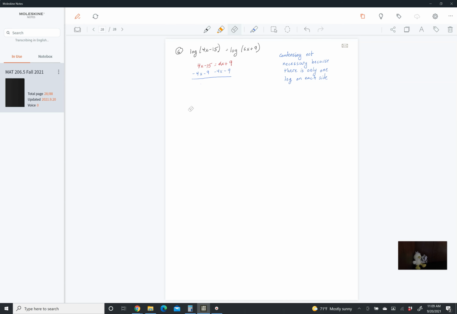So we get negative 24 is equal to 2x. We can divide both sides by 2, and we get that x equals negative 12.